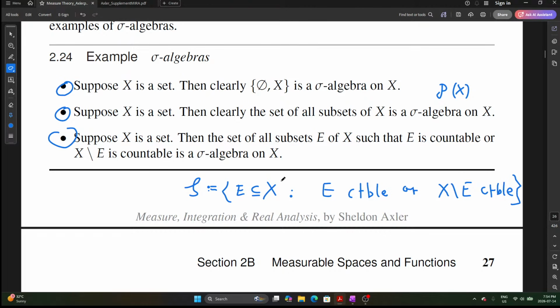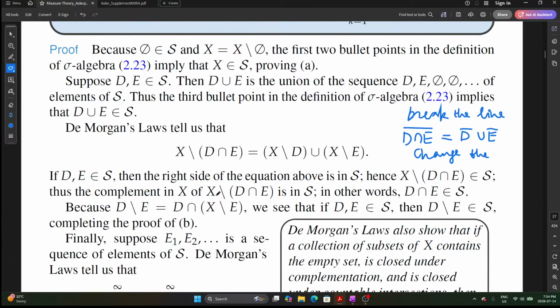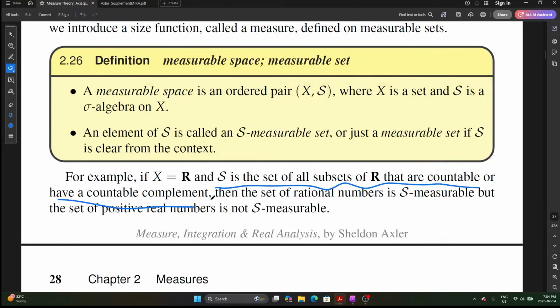The collection of subsets that are countable or have countable complement forms a sigma algebra.